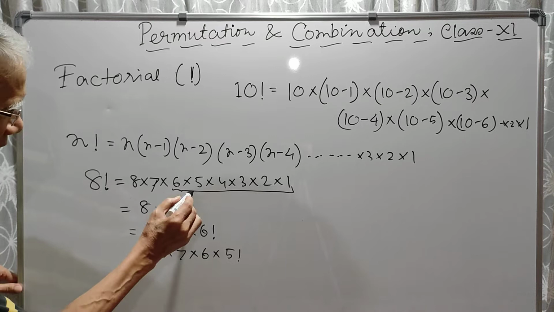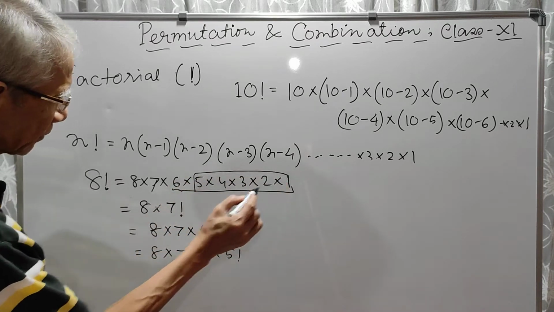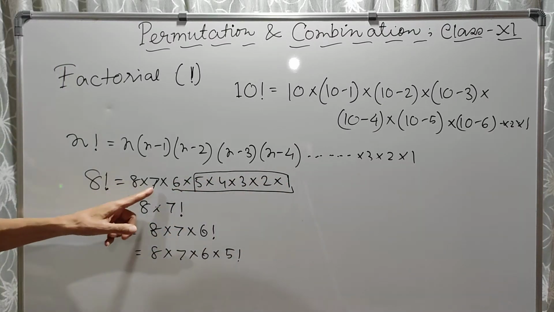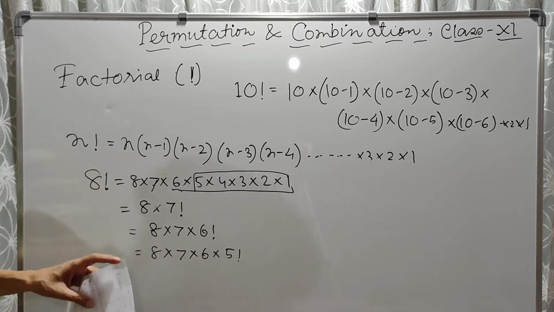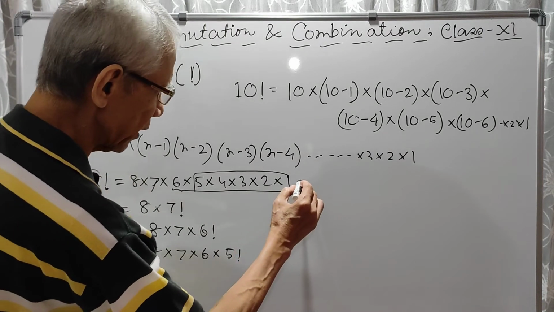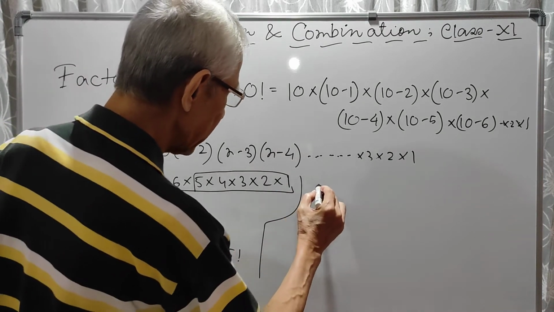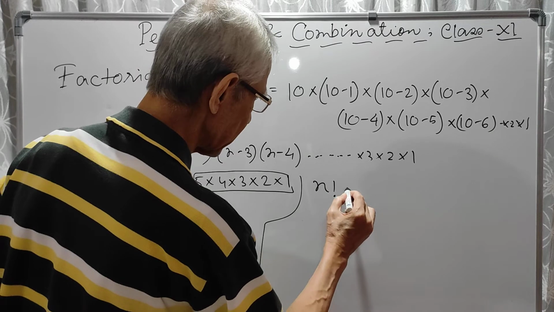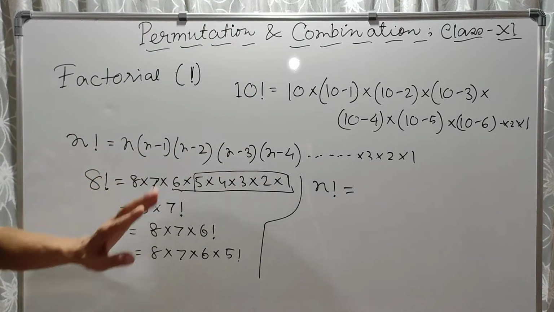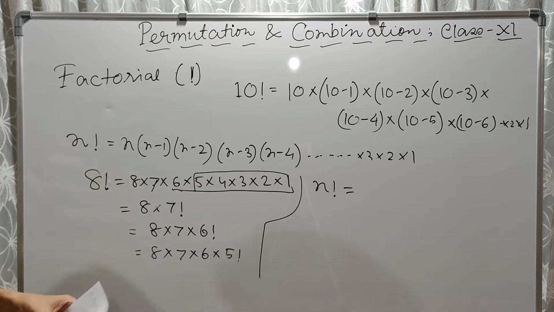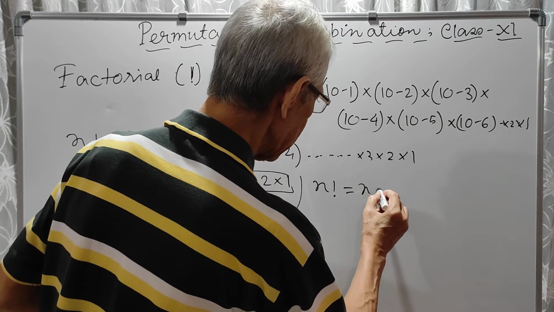That means taking from here, 8 into 7 into 6, and this part is 5 factorial. So this way, if you compare, we can write n factorial. This n factorial is n into n minus 1, n minus 2, etc. So we can write n into, what?